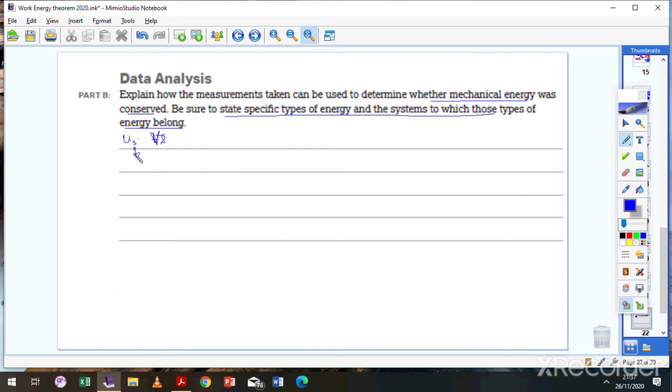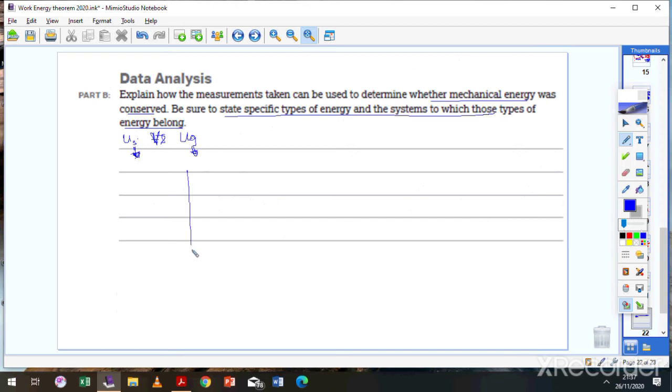So you can say Earth-spring system, versus the gravitational potential energy, that is the Earth-mass system, not ball, I mean mass.